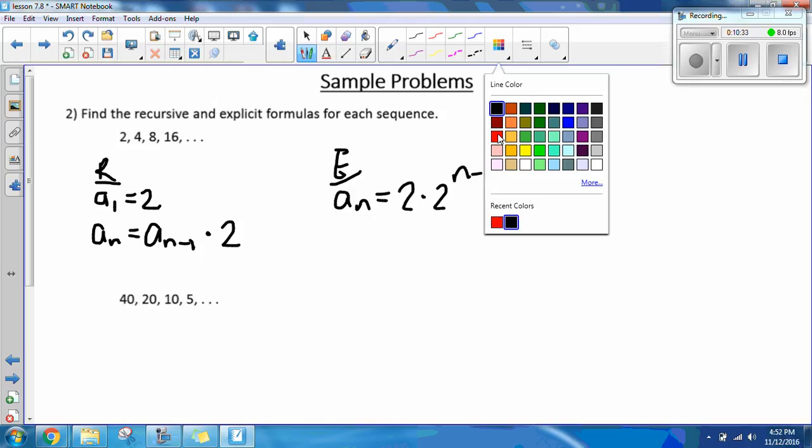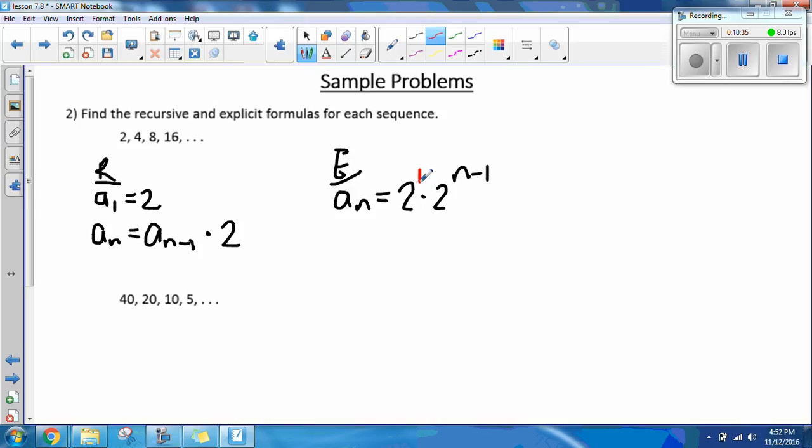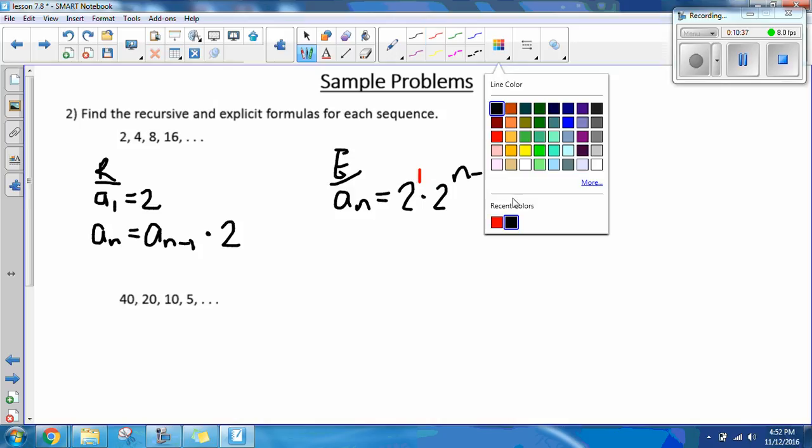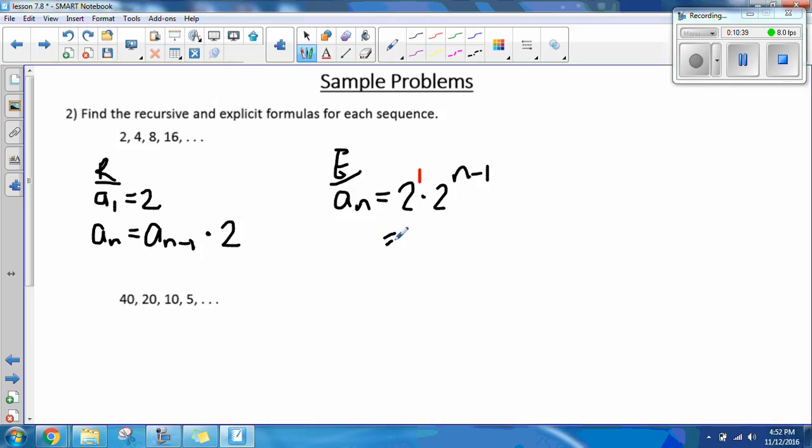So I'm going to change the color here. I'm going to make that a 1. So I can really rewrite this as 2 to the 1 plus n minus 1 power, which simplifies to 2 to the n. This only works in this case because my initial value and my common ratio are the same number.